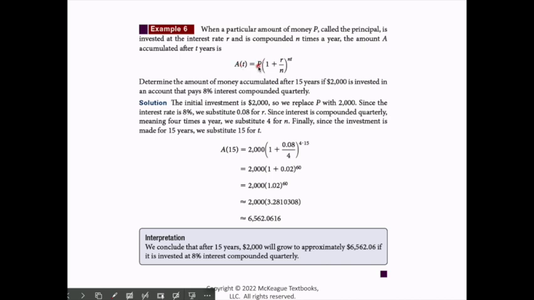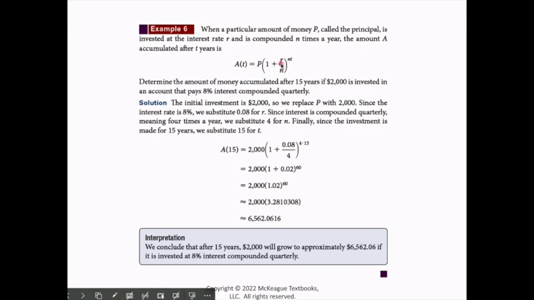The P in this formula represents the principal, so that's your initial deposit. And as you can see, that P is in front, which is your y-intercept, like we discussed before, or your initial value. So in this case, we're talking about our initial deposit.